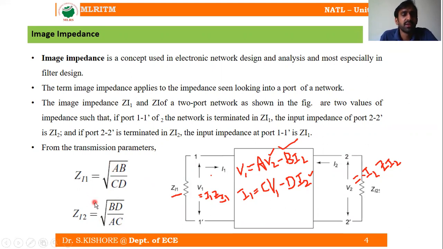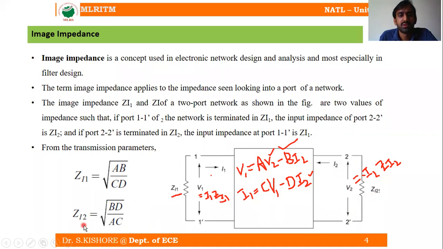So these are the two expressions for our image impedances ZI1 and ZI2, where ZI1 is the input impedance of the two-port network looking from the port 1 if the network is terminated at the output port, that is 2 dash, with the impedance ZI2.